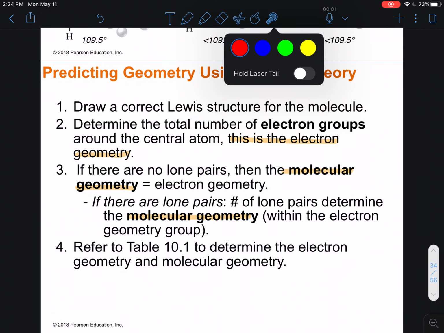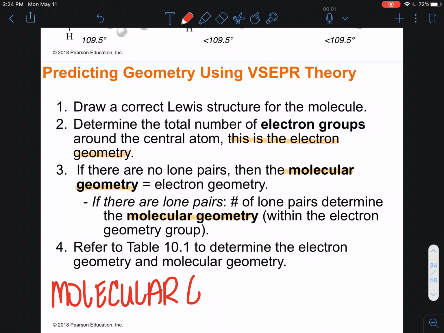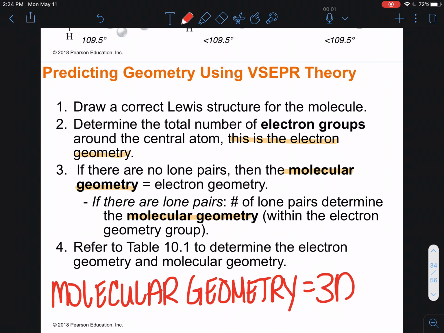So again, something like table 10 will be given to you on the exam. It is important to note really fast that the molecular geometry is the 3D shape of the molecule.